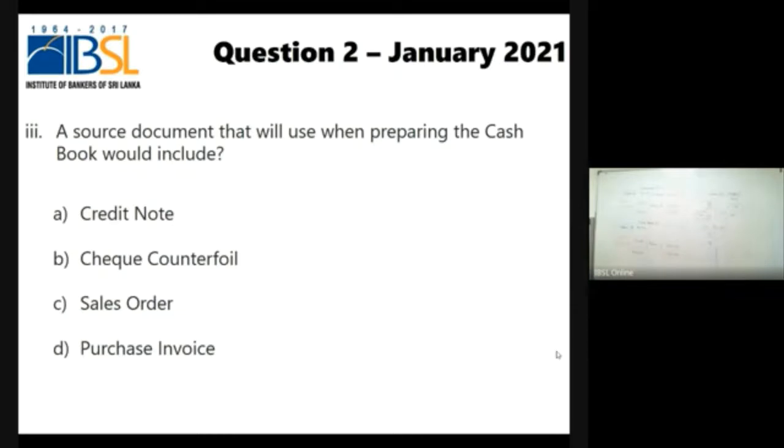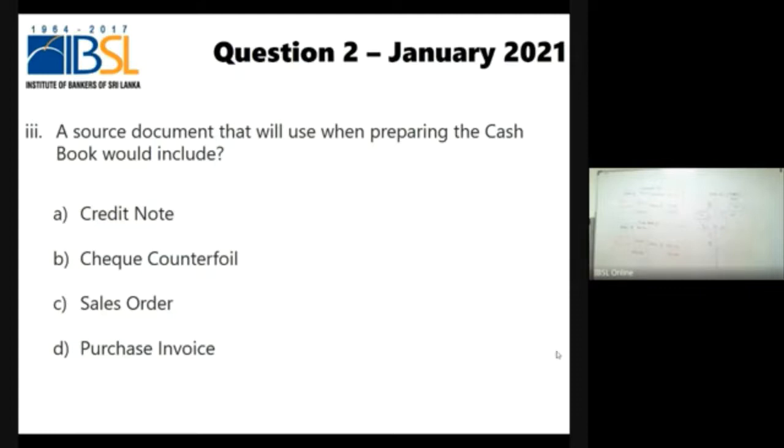Now that piece of information is very important, because later on when the cheque is submitted for payment in the bank, you have to track it with that information. So cheque counterfoil is very important to prepare the cash book, to update the bank column, not the cash column, but the bank column.